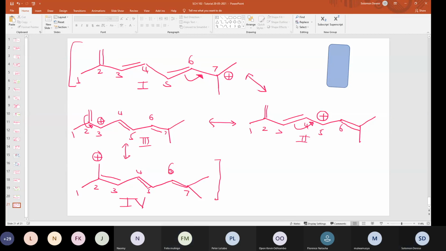You can even draw the resonance hybrid for this. Okay, let us draw the resonance hybrid for this. I don't want to get lost. You have 1, you have 2, you have 3, you have 4, you have 5. I will not have enough space if I draw it like that.